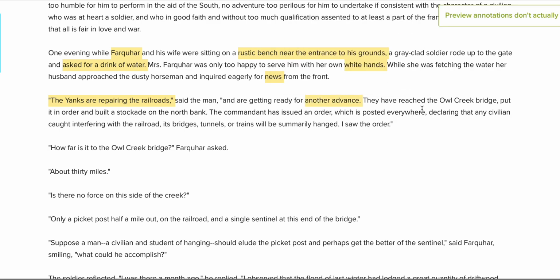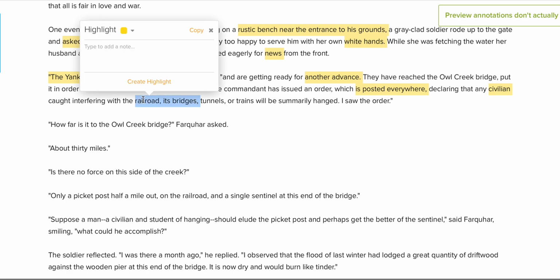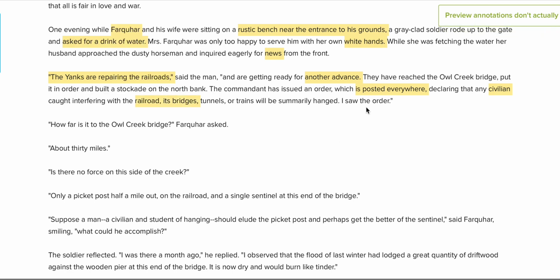They have reached the Owl Creek Bridge, put it in order, and built a stockade on the north bank. And then we know that there is a note posted everywhere declaring that any civilian caught interfering with the railroad or the bridge, what would happen to him? Would be hanged.